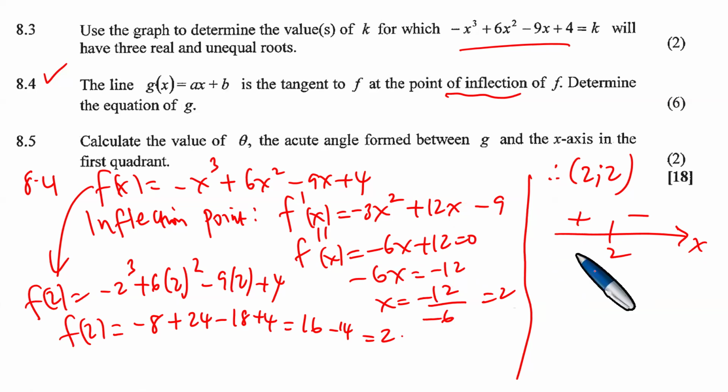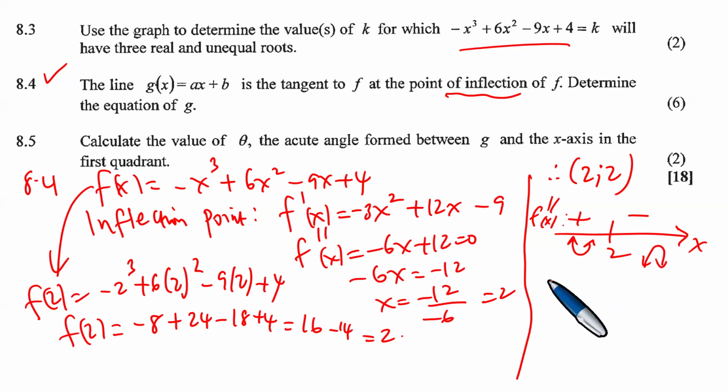So in other words, if this is the second derivative, it means that there are 2 cases of the function. The function is going to be concave up here, and the function is going to be concave down at this point. So if that is the case, the function is concave up and then concave down.